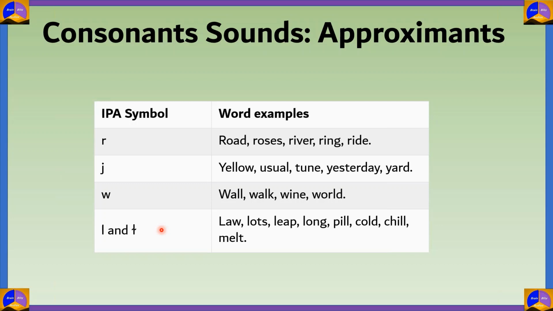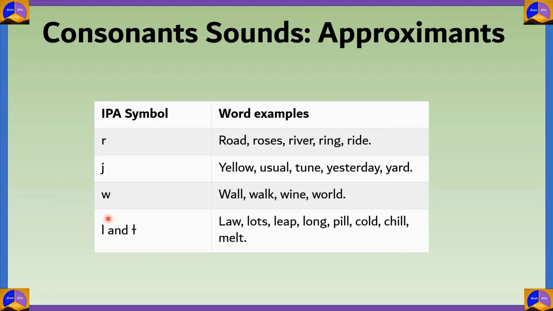It also helps if you can recede the tip. So it's something like that. If this is your top teeth, and you place your tongue somewhere around here, then you'll get that sound.